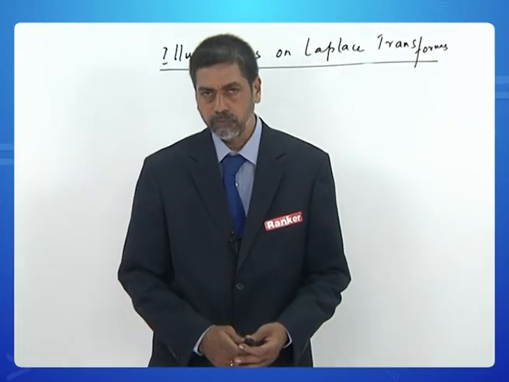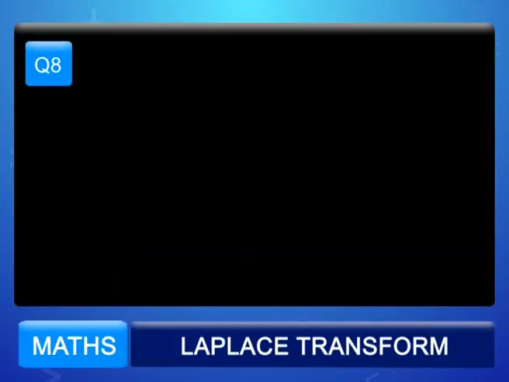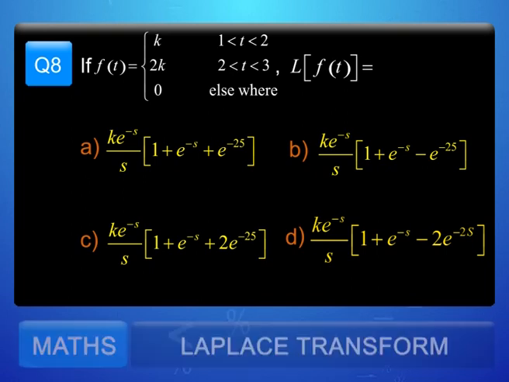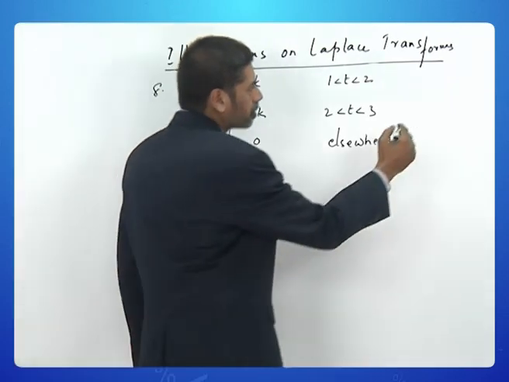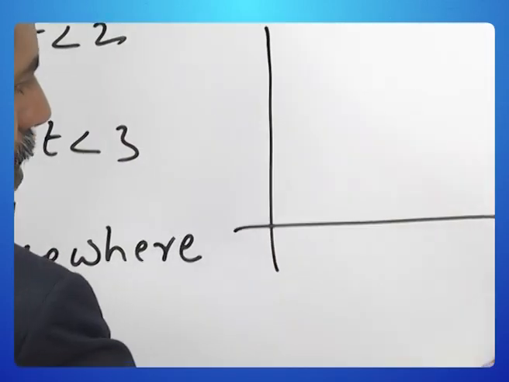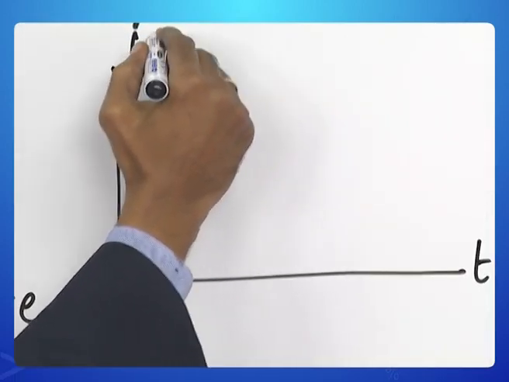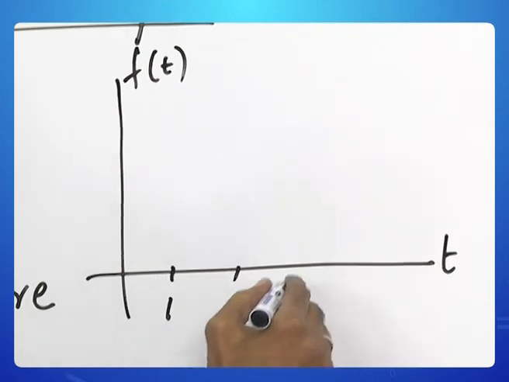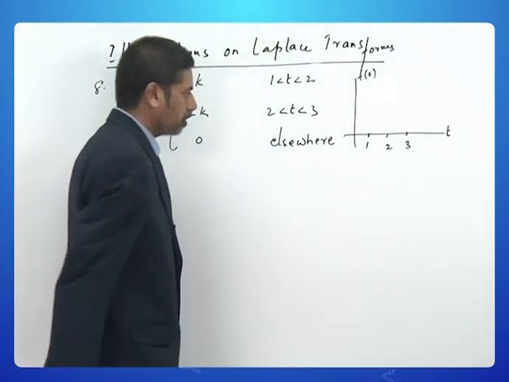In the 8th problem, we have a function, a discontinuous function. You can easily see the graph. So we have a 1 to 2 interval, a 2 to 3 interval.